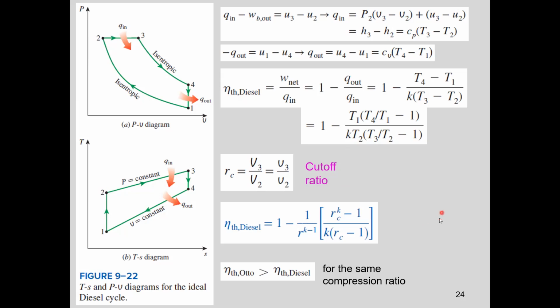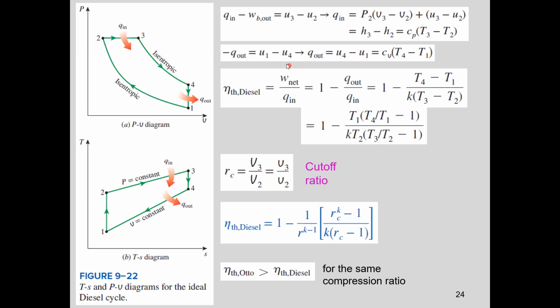If you write the energy balance relation between 1 and 2 and 3 and 4, you will see that work input during the isentropic process is equal to U2 minus U1, the internal energy difference, which is approximated by using constant specific heat assumption, Cv (T2 minus T1). Similarly, work output during process 3-4 is equal to U3 minus U4, and that is equal to Cv (T3 minus T4).